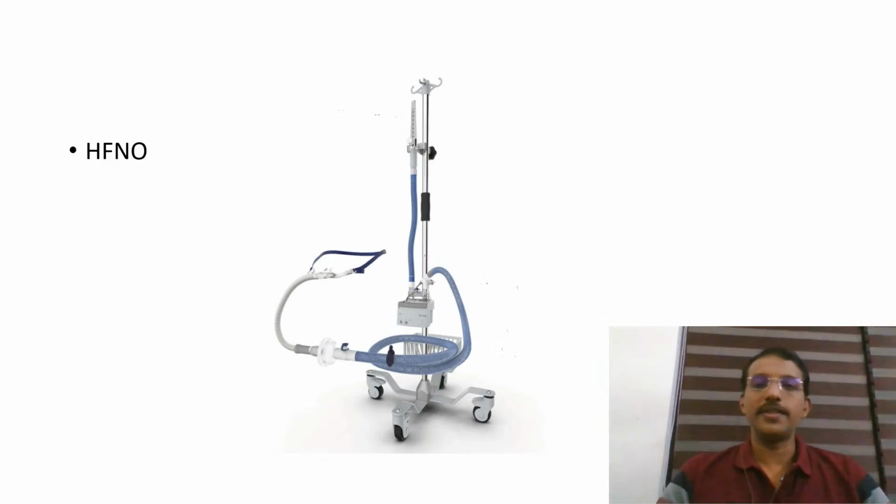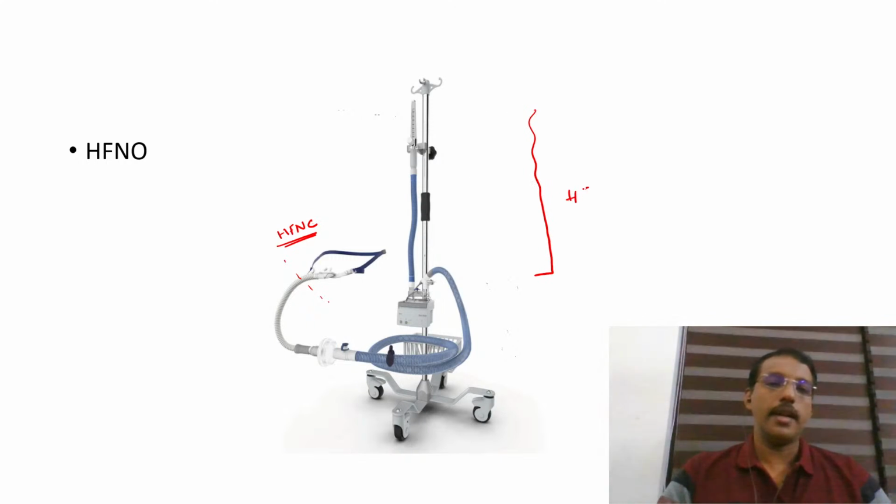Now, this was a question which you were asking. This is the HFNC, high flow nasal cannula, and the whole system becomes the HFNO device. Now, this is the one which has actually helped a lot of people during COVID time.